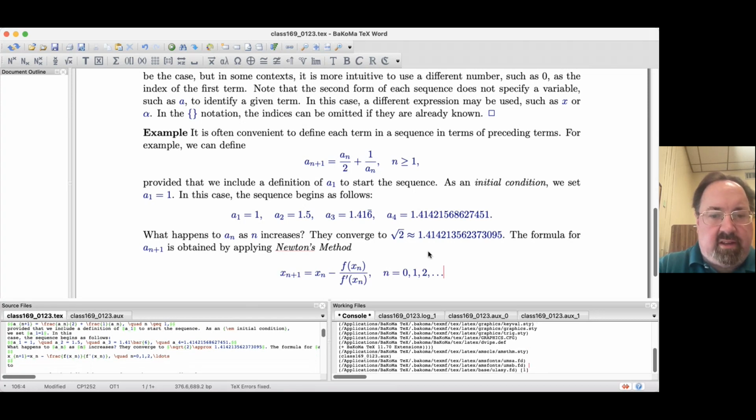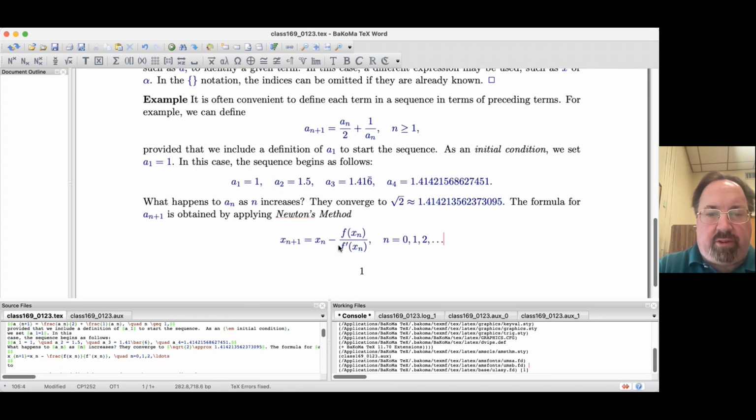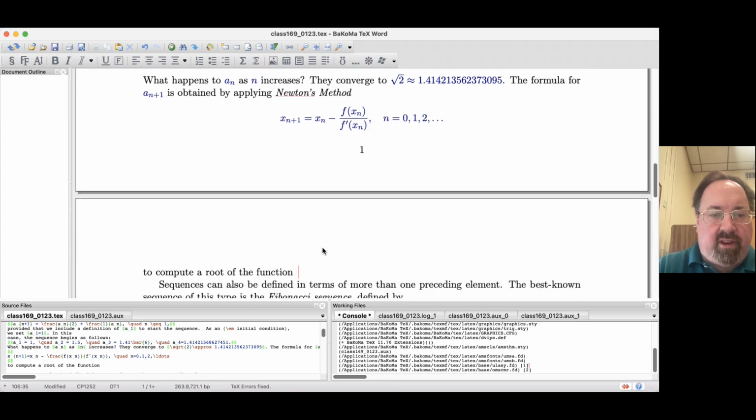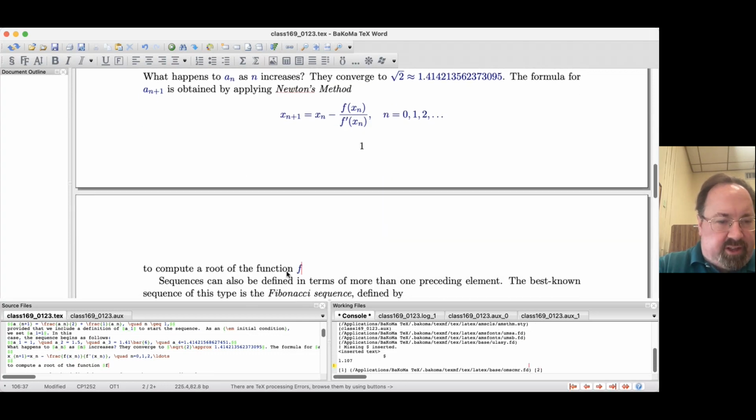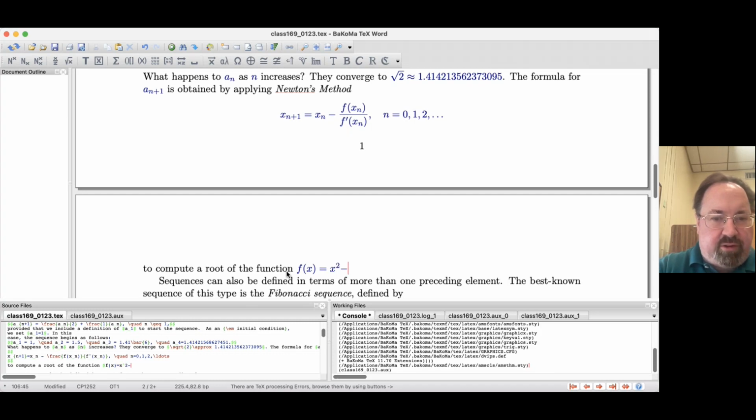And the purpose of Newton's method is to compute a root of a function. In this case, f of x is x squared minus 2.